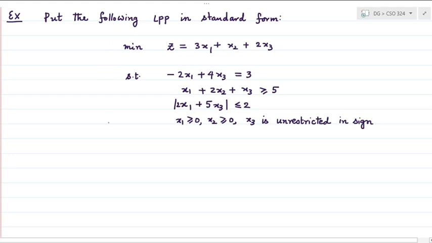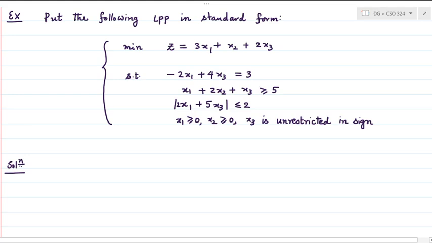Let us try to place it in standard form. To do so, you know that all the variables are to be non-negative in sign. Also on the right hand side, all the values are to be non-negative, that means the b vector.